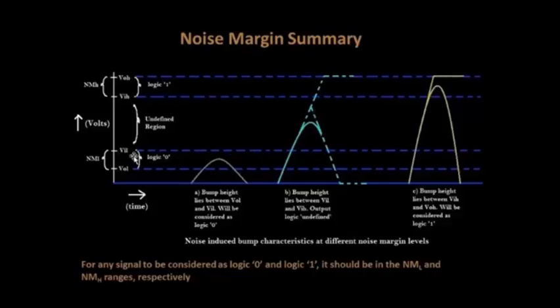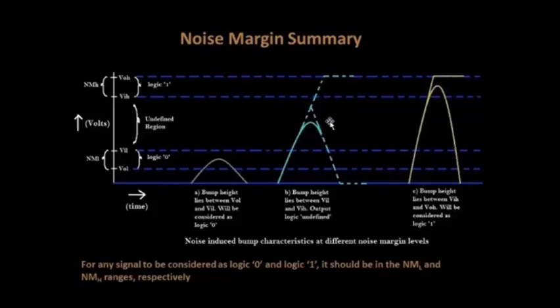Any voltage which lies between VIL and VIH is called the undefined region. When we say undefined region, the logic can go either to logic 1 or to logic 0. So any supply voltage lying over here can go to either area. That's why it's called the undefined region.